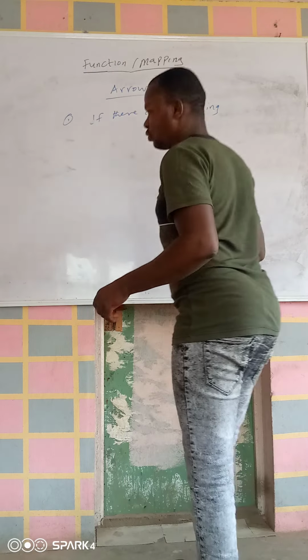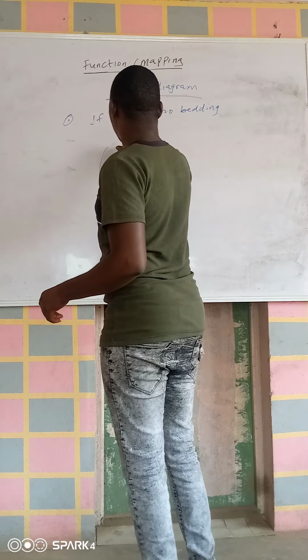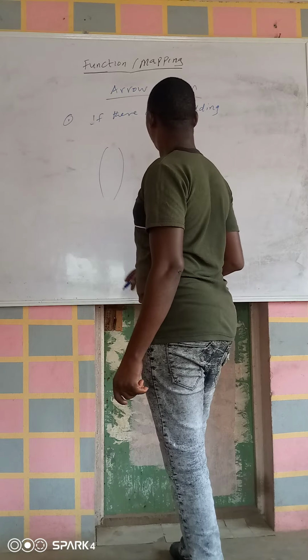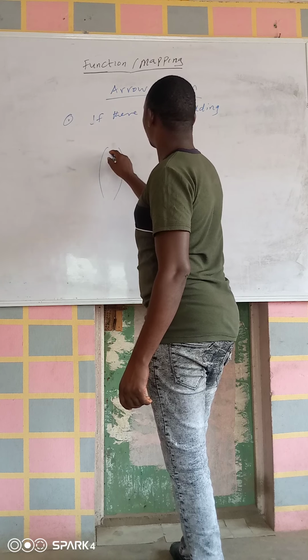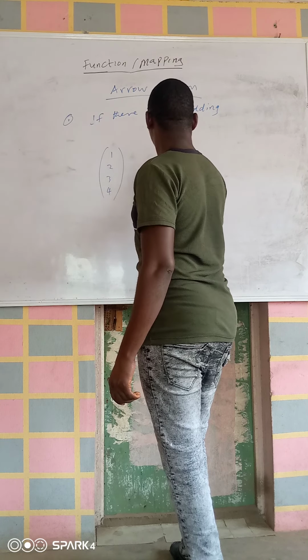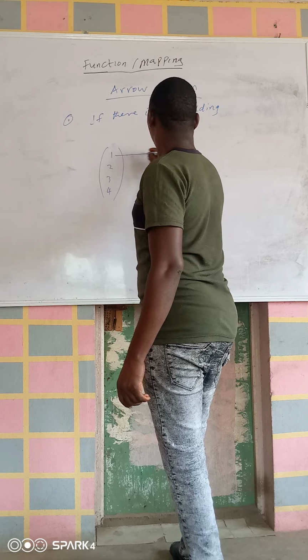There must be an arrow. Yes, there will be an arrow. If there is no arrow, then it is not a function. So we have 1, 2, 3, 4 and 5, 6, 7, 8. Look at this.